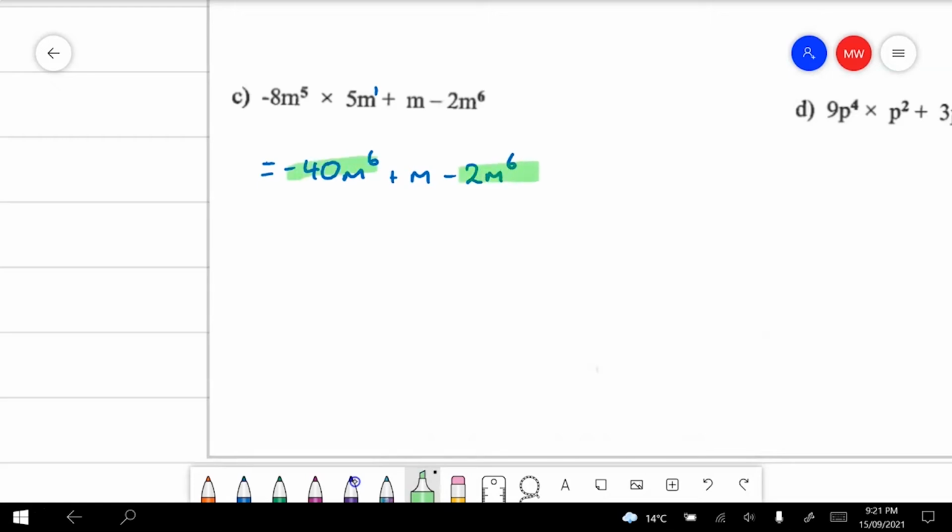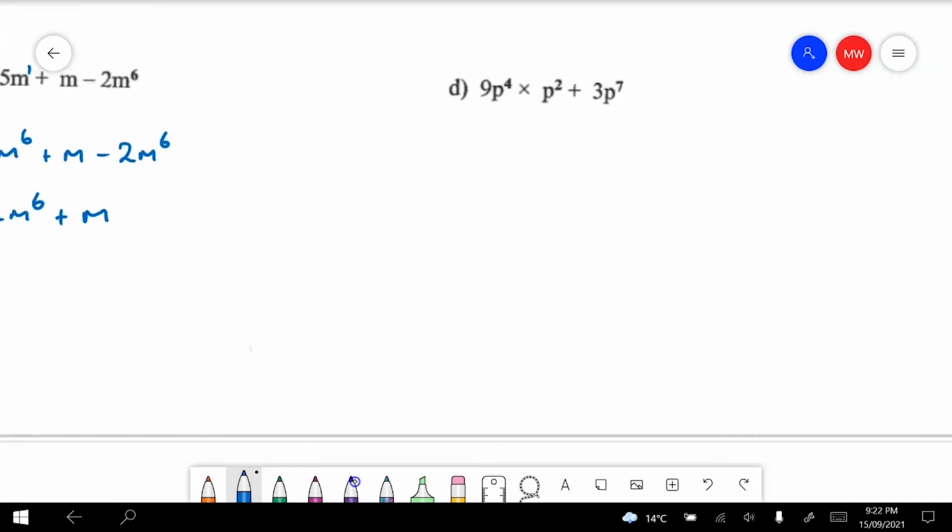These ones and these ones are like terms, but that little m in the middle is not. So let's collect what we can. I've got minus 40, minus 2, so I've got minus 42 groups of m to the 6, and a little m to the 1 there by itself.